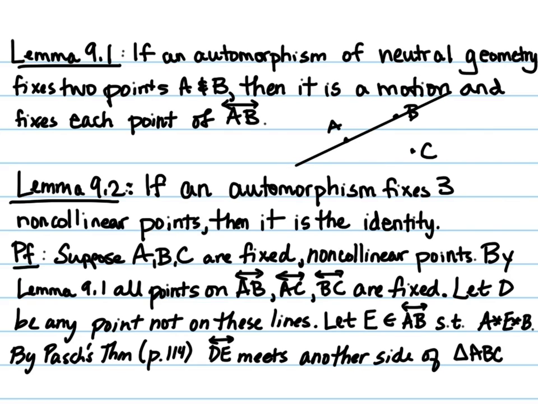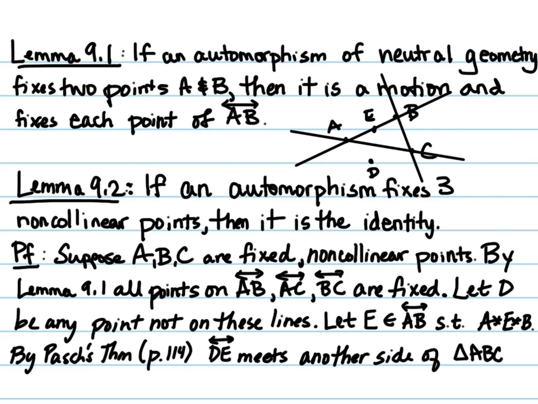There's line AB, line AC, and line BC, roughly speaking. And we've got point D somewhere. Doesn't really matter where we put it, but we've got point D here. Let's say it's here, and there's a point E between A and B.